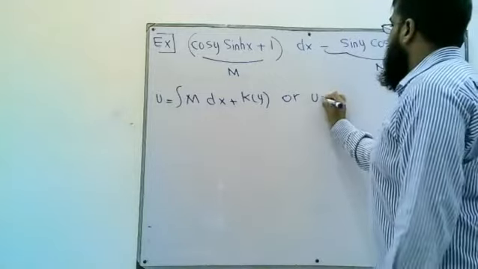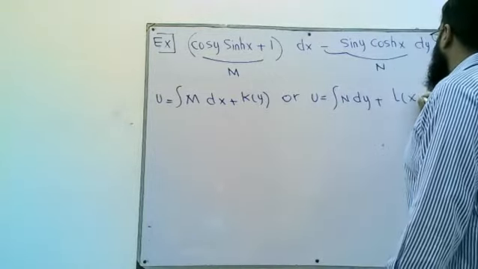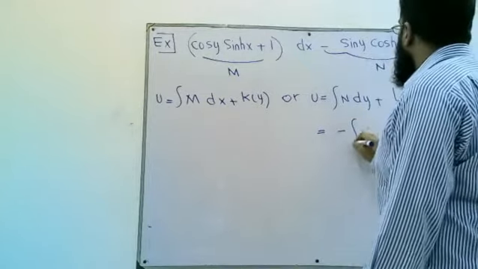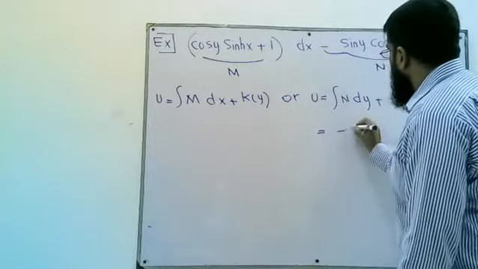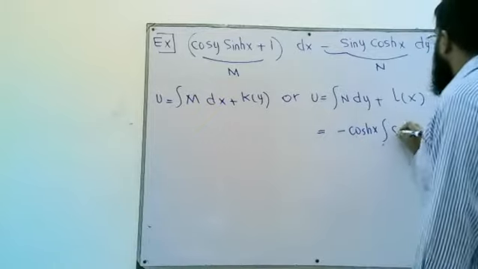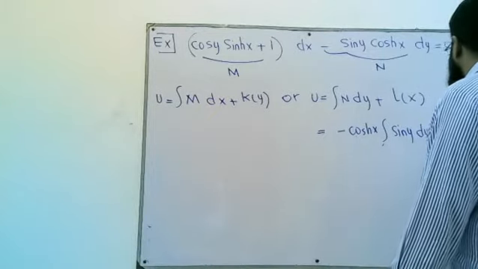or u is integral of N dy plus L of x. So if you use this as solution, this is minus, we'll write cosh x out of this integral because it's a constant compared to y, sin y dy plus L of x.